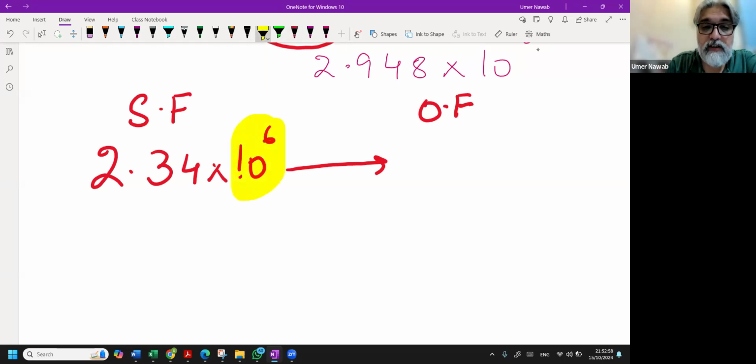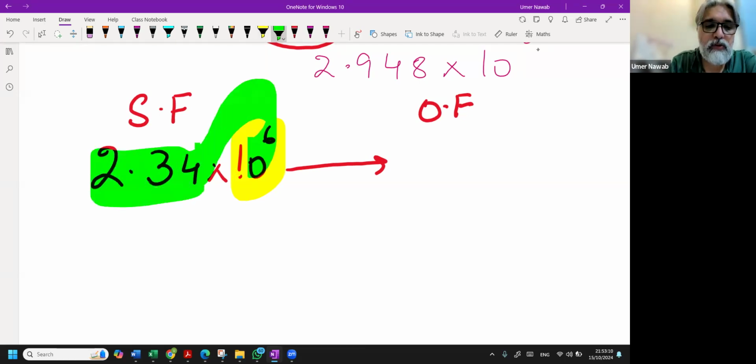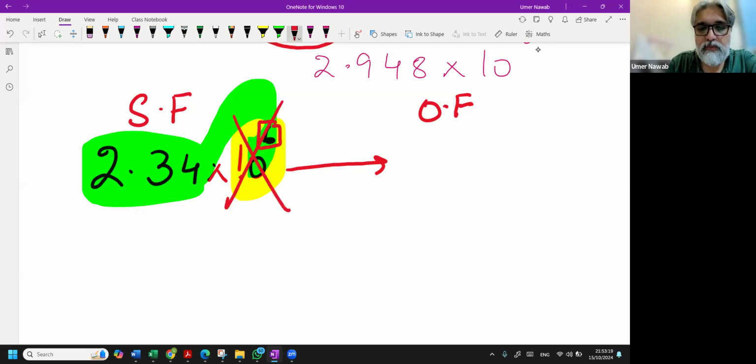If the power is 10 raised to 6, you just need to merge this 10 raised to 6 into the number. Once you do that, you have to push the decimal to the right, because I have a power 6, a big number. So rather than using 10 raised to 6, I will push the decimal to the right.